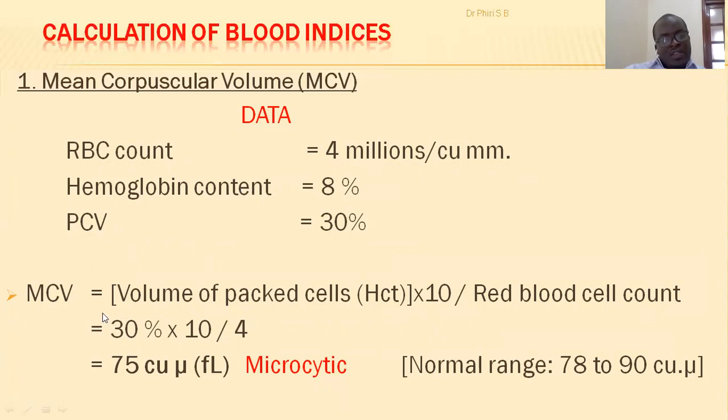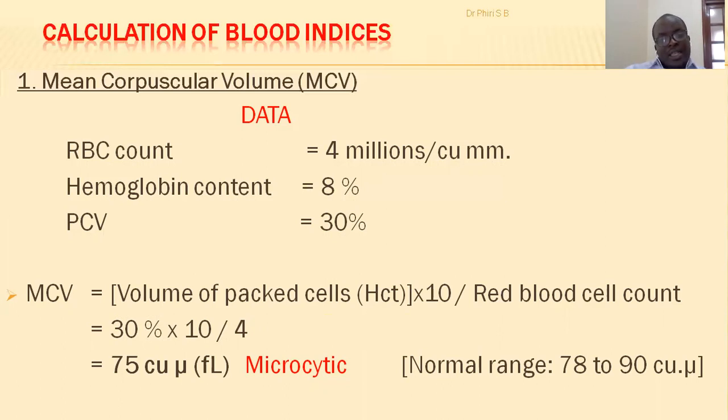So MCV is calculated as the volume of packed cells, that is your hematocrit, your PCV, multiplied by 10 divided by red cell count. So that's your formula for MCV.